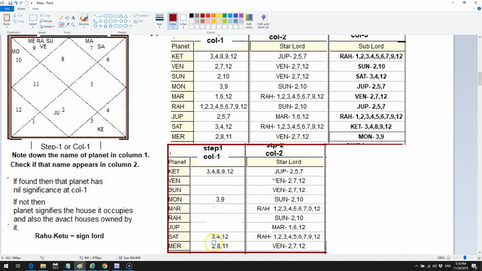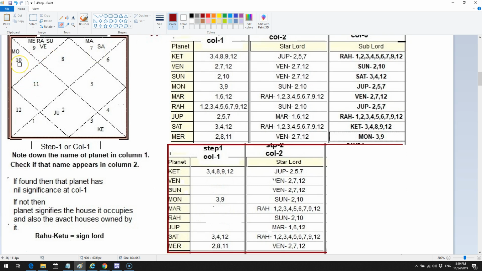So we will apply this rule: if Saturn doesn't appear in column 2, then where is Saturn placed? Saturn is in the 12th house. So Saturn in 12 is 1, and then the vacant houses owned by Saturn. What are the houses that Saturn is the ruler of? That's the third house and the fourth house.